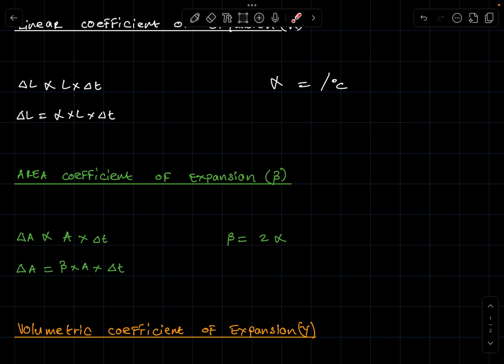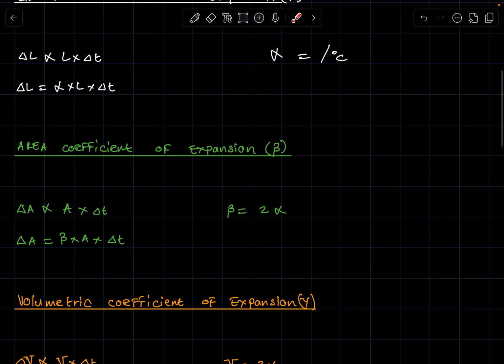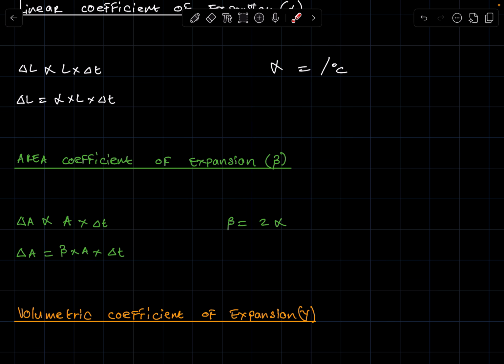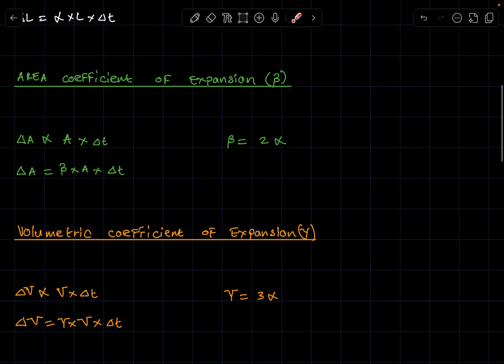And then in N3, we looked at the area coefficient of expansion, of which the area coefficient of expansion is this symbol, beta. To get the mathematical expression of the area coefficient of expansion, this is the principle that we use: change in area is directly proportional to the original area times the change in temperature.